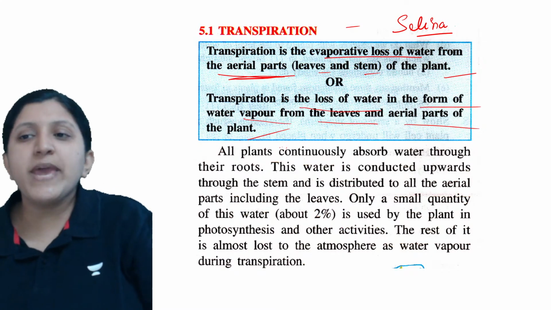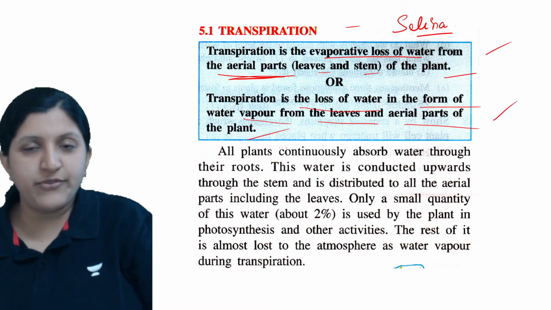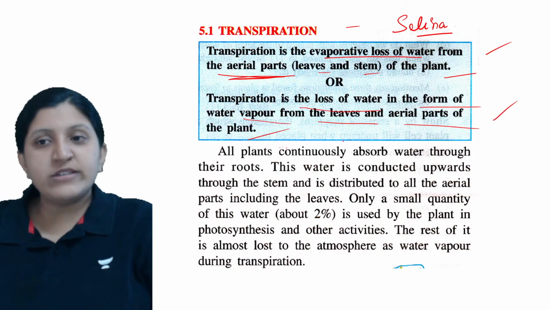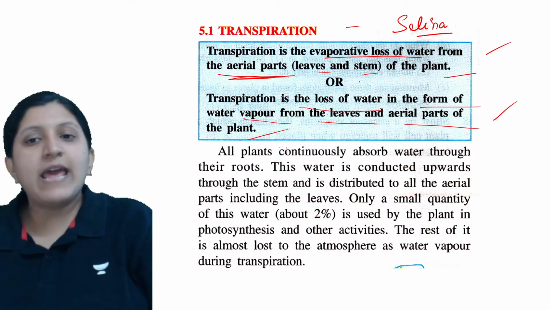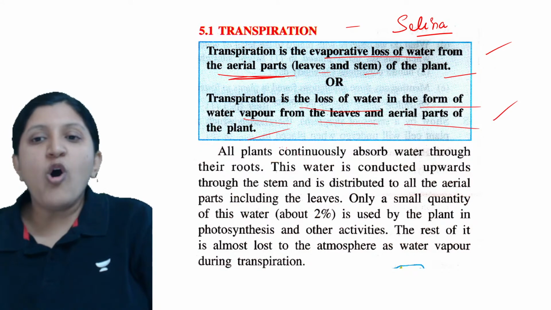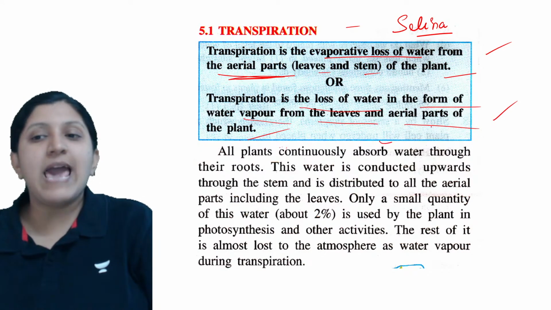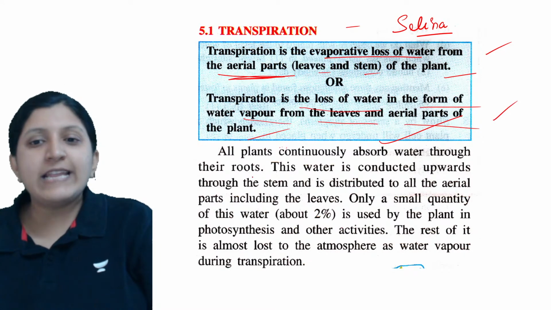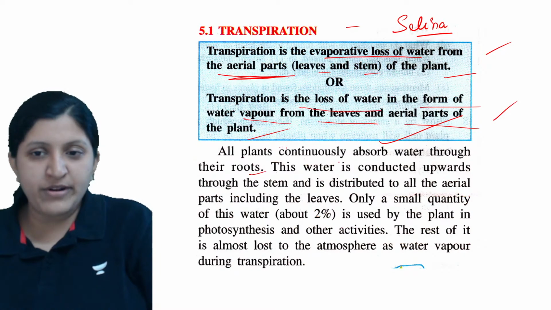Just make sure you can write any of these definitions. Make sure that you write the loss of water in the form of vapor through the aerial parts and the leaves. All plants continuously absorb water by their roots, which we have already seen.